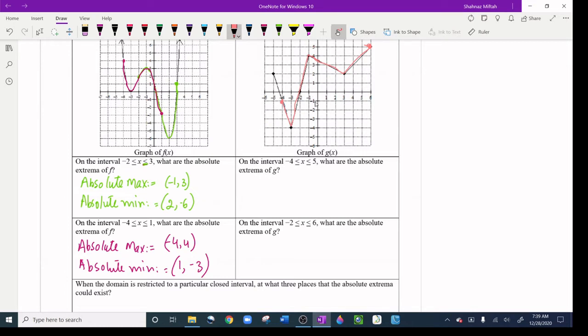So which one is the greatest y value? If you see, this is the highest point on the graph, so that's a 5. I don't have anything higher than that. So I'm going to say absolute maximum is that, that's 5. So what is the y value? 6, 6, 5.